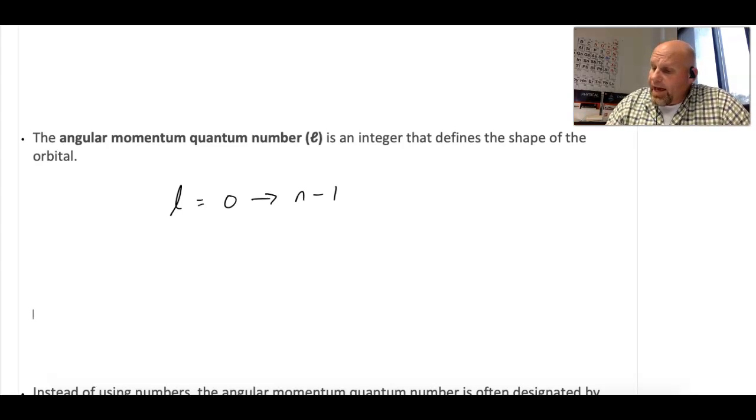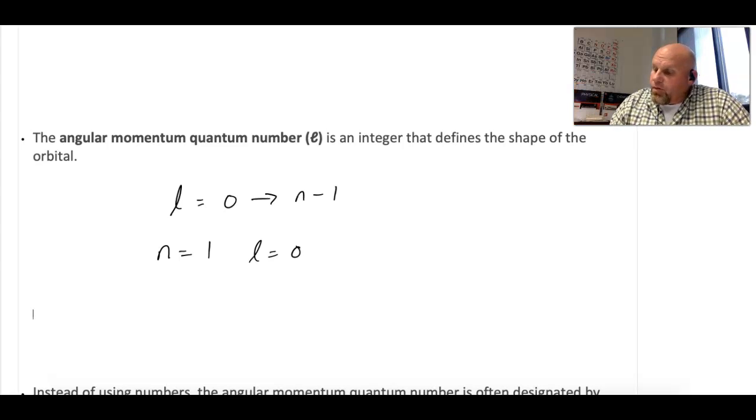So if I had the n equals 1 energy level, principal quantum number, then my L value possibility is just 0. Okay, because n minus 1, or 1 minus 1, would be 0.